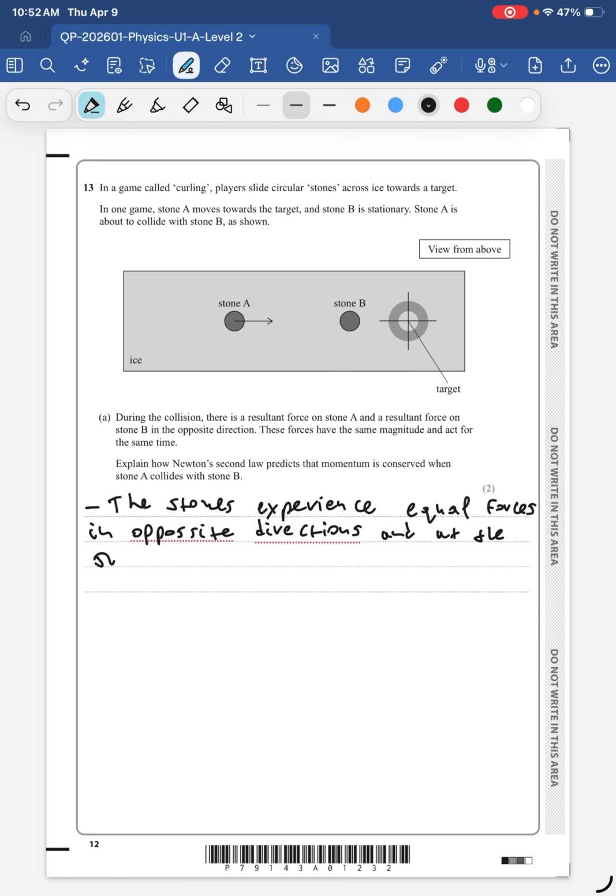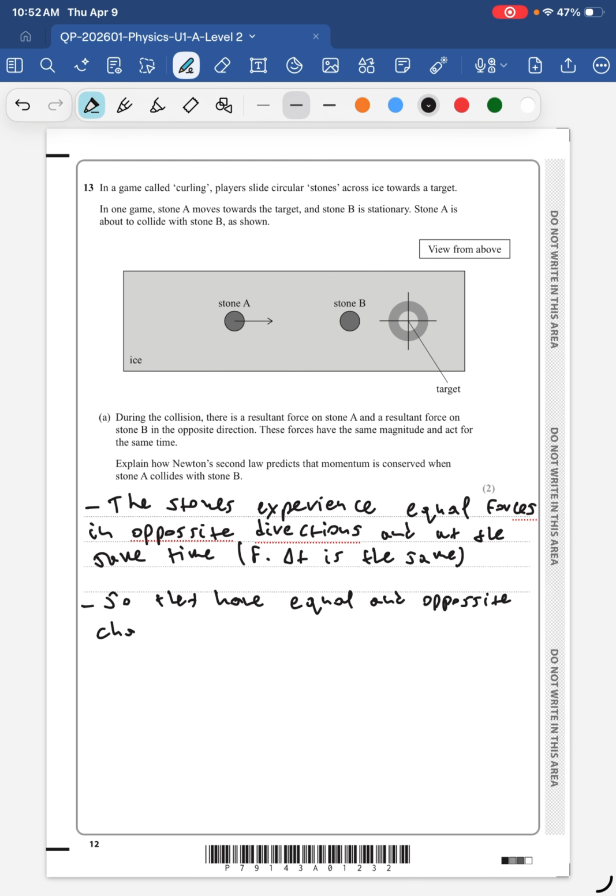So basically, F times delta T is the same. So they have equal and opposite changes in momentum.